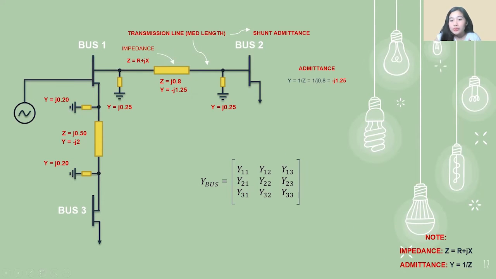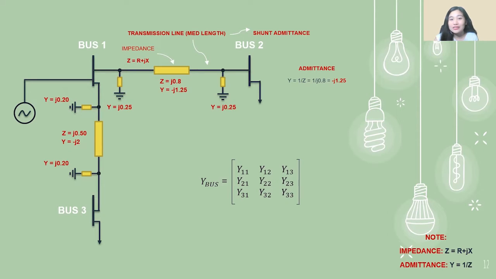Now Y22. It is not so complicated, it is just the same as Y11. Y22 is all of the admittances connected to our second bus, so we have this and we have this. So j0.25 should be added to negative j1.25. Since there is no connection between bus 2 and bus 3, there are no admittances to consider in that part. Next, Y23.